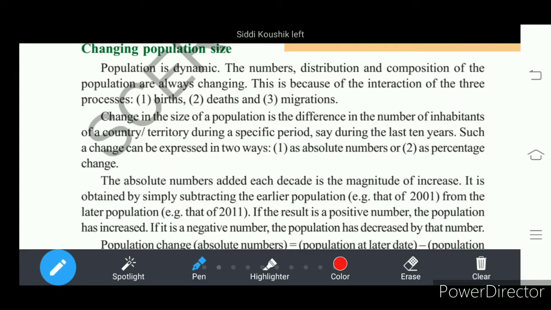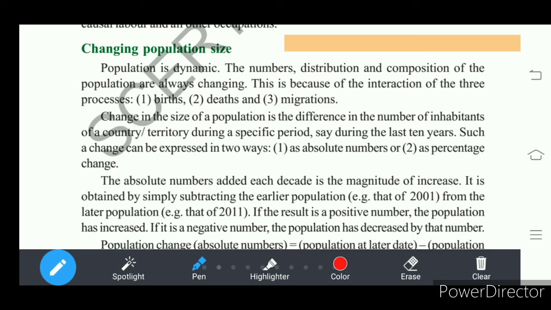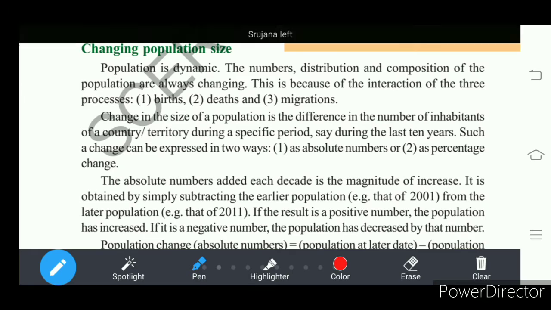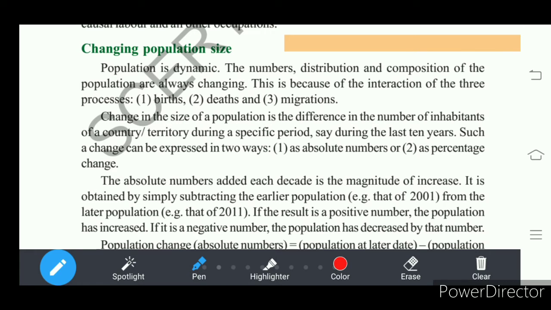It is obtained by simply subtracting, that means removing the earlier population from the latter population. How do we get the absolute number? Absolute number means the number of people increased from 2001 to 2011.